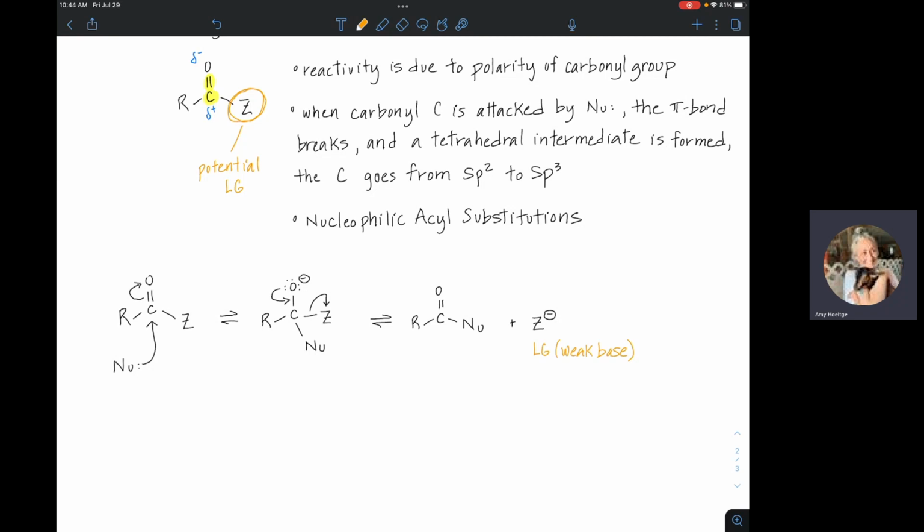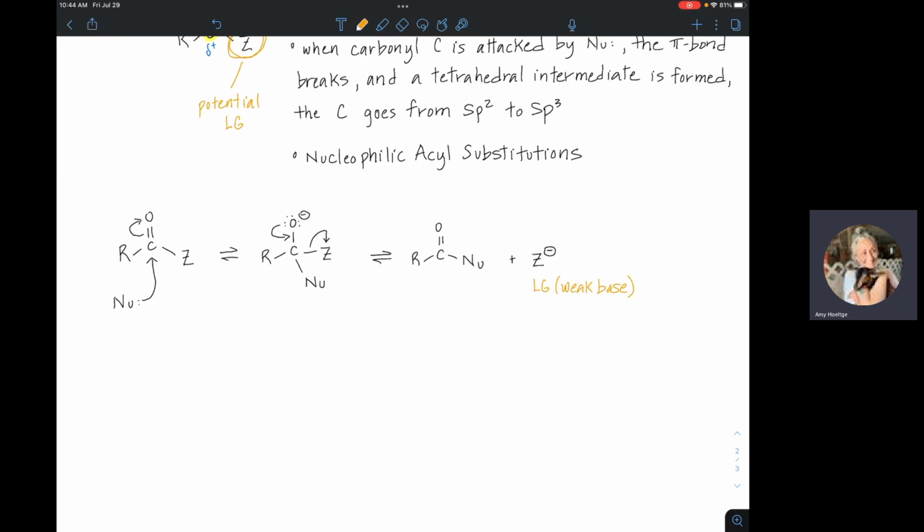Those are stronger bases. The amide anion is a pretty strong base, so it's not going to be leaving without some help. You can protonate it, turn it into ammonia, that'll take off. Or you could take the hydroxyl group, protonate it, make water, that'll take off. Or you could take an alkoxy group and protonate it and the alcohol will take off.